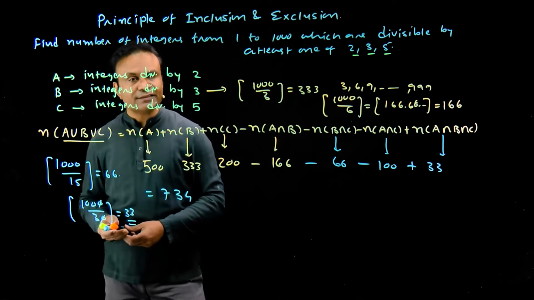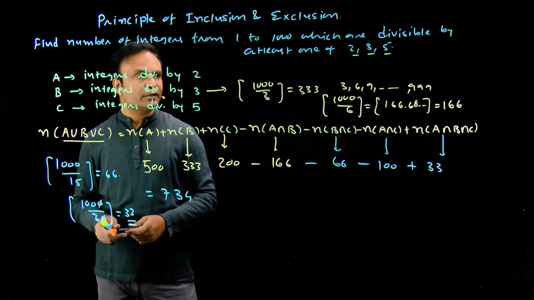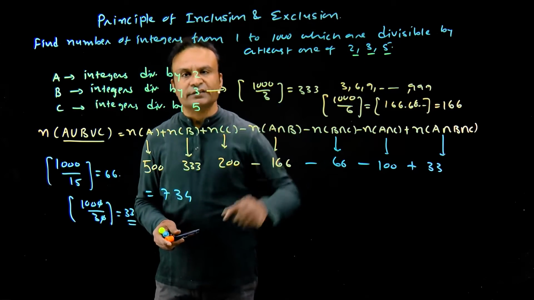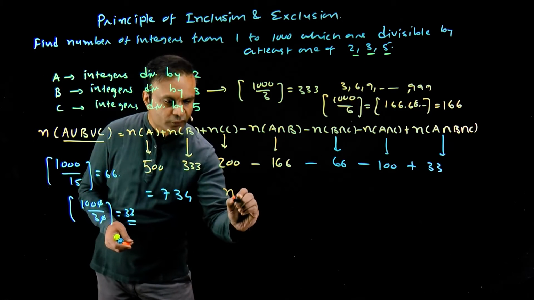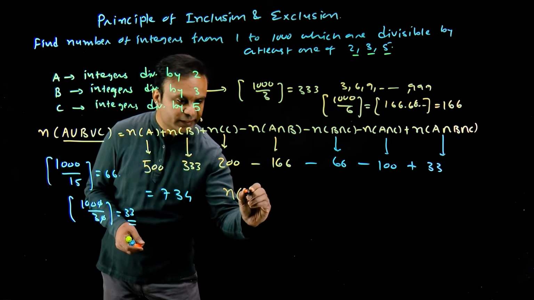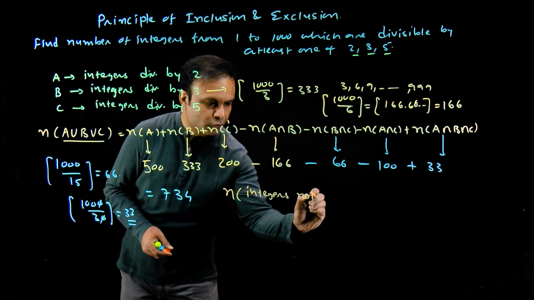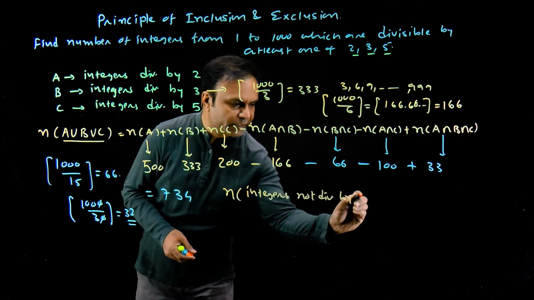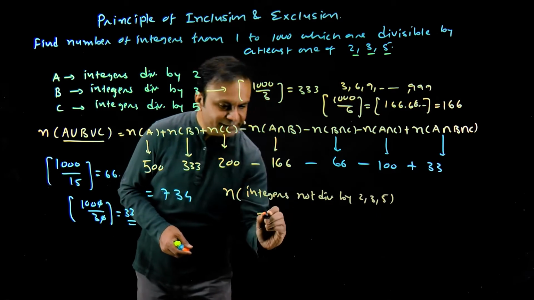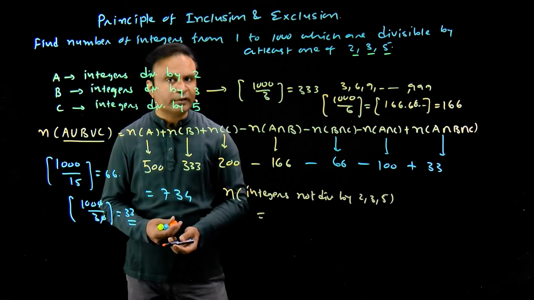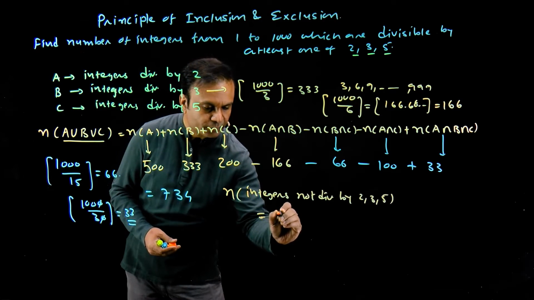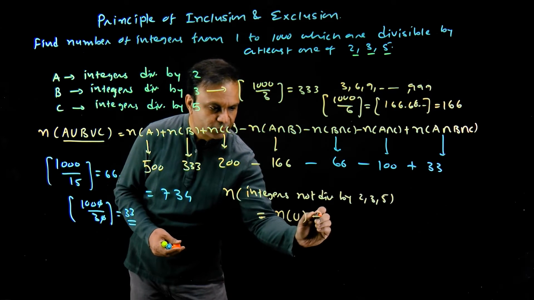Now how many integers are there which are not divisible by any of these three integers? So number of elements of required set, integers not divisible by 2, 3 and 5. This is equal to, I will take the complement. That means this is equal to number of elements in a universal set.